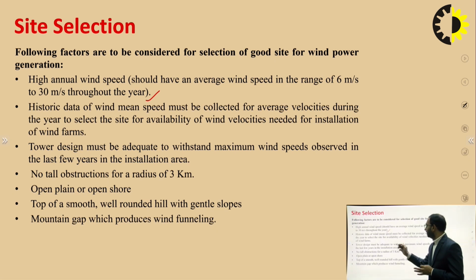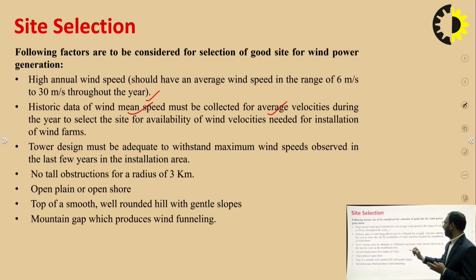The other parameter is that historic data of wind mean speed must be collected for average velocity during the year to select the site for availability of the wind velocity needed for installation of a wind farm. Then the tower design must be adequate to withstand the maximum wind speed observed in the last few years in the installation area, and there should be no tall obstruction within a radius of 3 km.